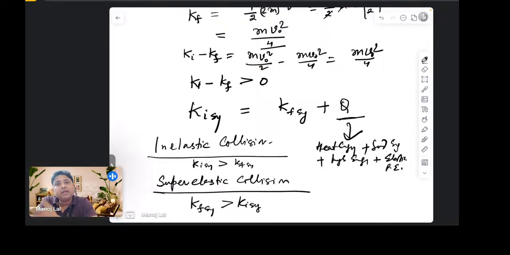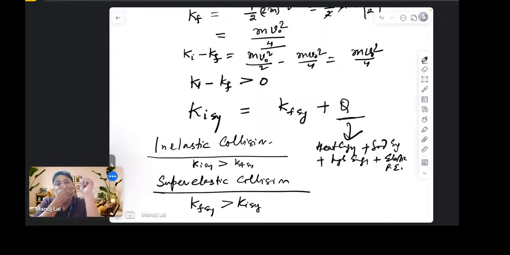Why? Because the internal energy is converted into kinetic energy. It is very well known from Einstein's mass energy relation that mass is converted into energy: the mass of the reactant is more than the mass of the product, and the difference times c squared is the energy liberated in this process.